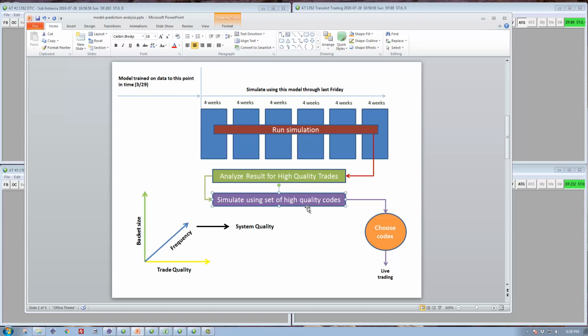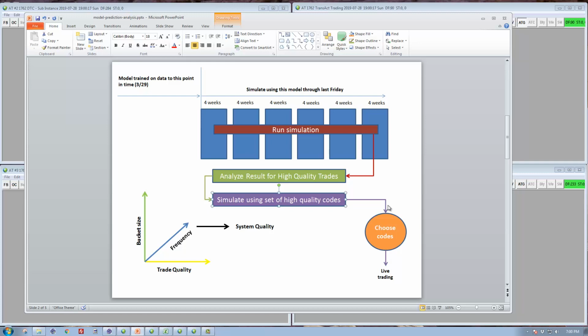Okay, so what we end up with is we do an analysis here that says you must be this good to show up. You must be X good to show up in my set of codes I'm going to try against. And then once I simulate, here's the output. Here's how good you actually are.